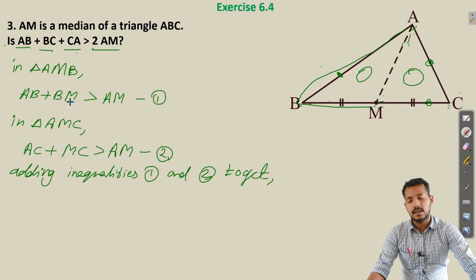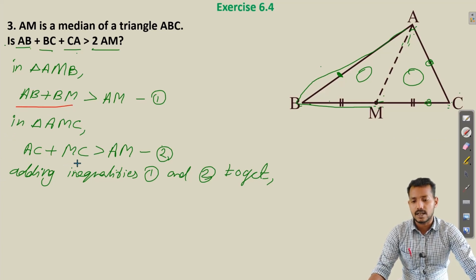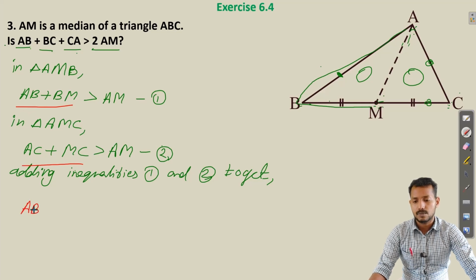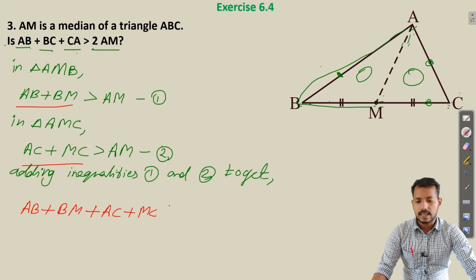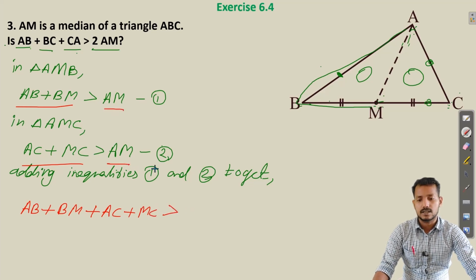When we add the inequalities, we need to add the corresponding left hand sides first. So AB plus BM plus AC plus MC, am I right, is greater than, now add the corresponding right hand sides, AM plus AM.